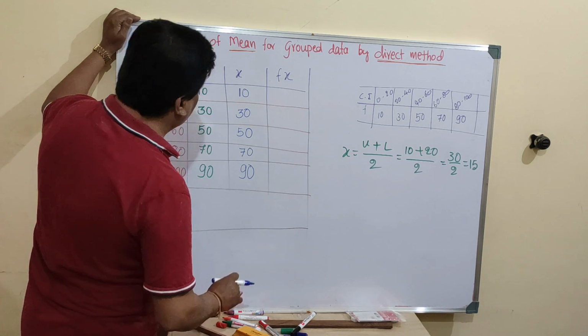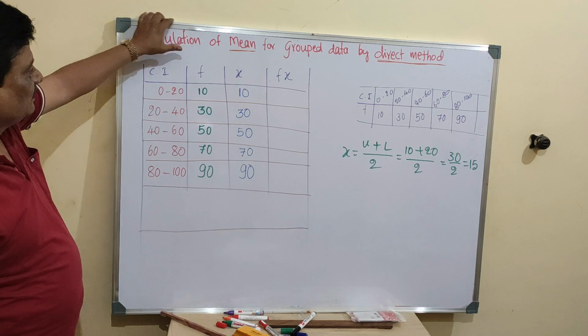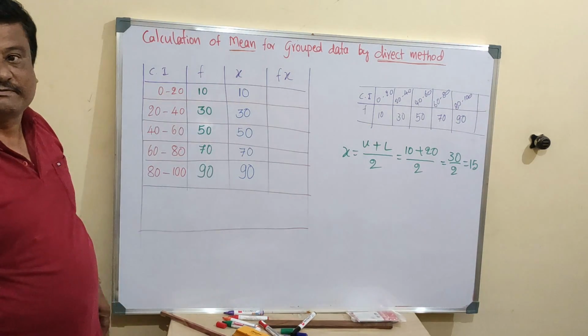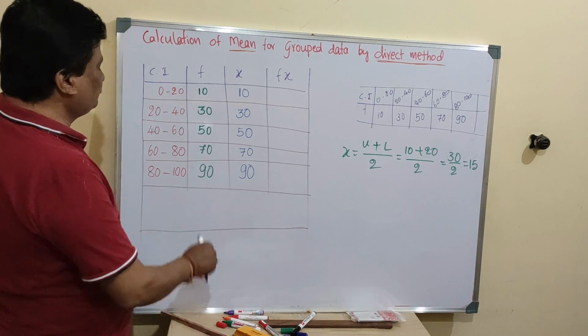I hope you have understood this step: class interval, frequency, class mark, and the product of frequency and class mark.